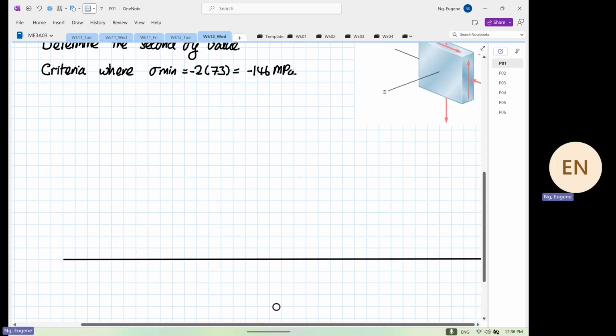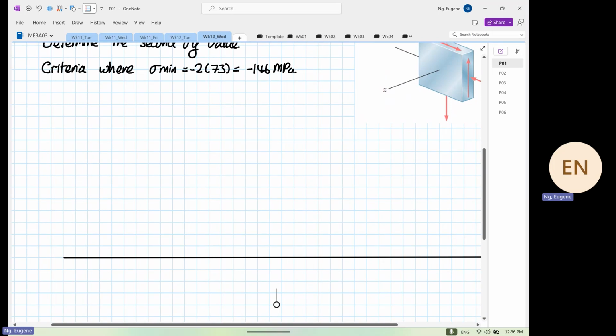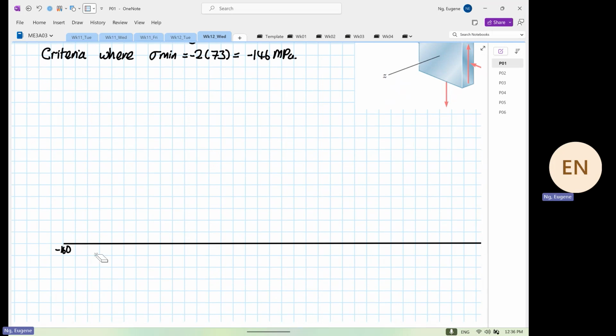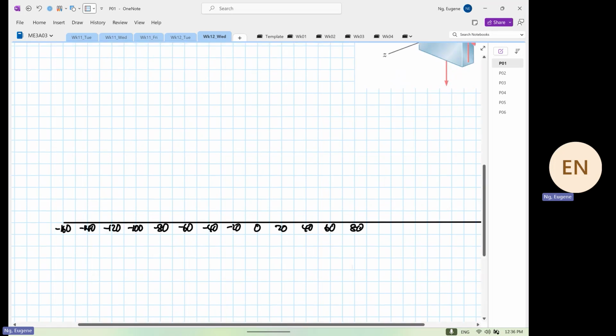We have 146, so we cannot go beyond 146, so I'm going to go minus 160, minus 140, 120, then you have minus 100, 80, 60, 40, 20, 0, 20, 40, 60, 80. Make sure that the intervals are the same.